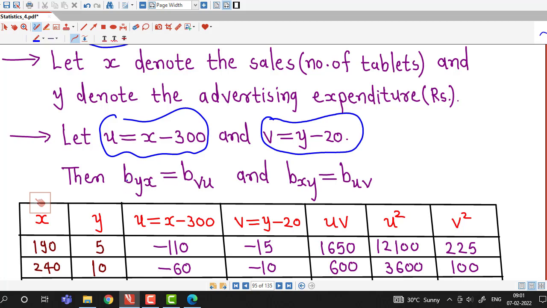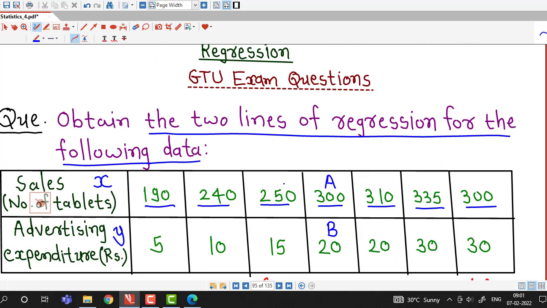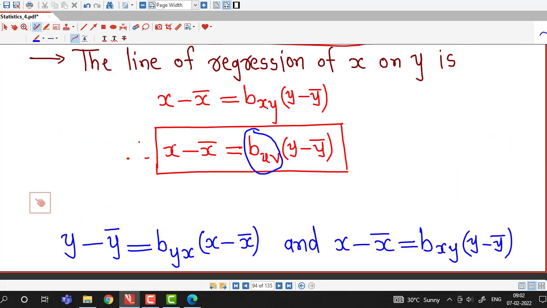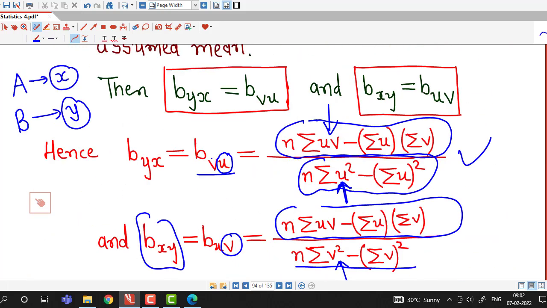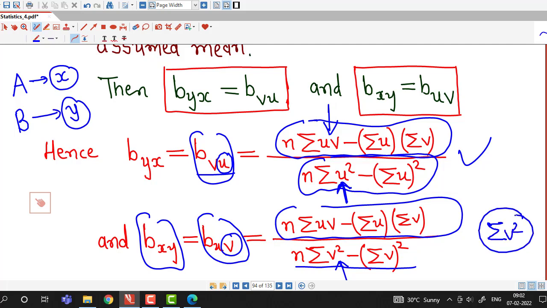Then we know that byx will be equal to bvu and bxy will be equal to buv, and here we have to find out two lines of regression. So we will require these two quantities, bvu, that is coefficient of v on u, and coefficient of u on v. So we will require sigma v square also.